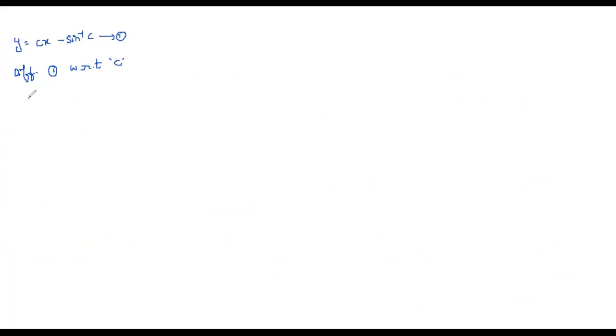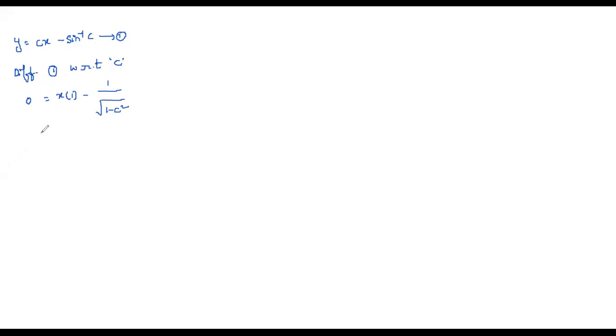So 0 is equal to x into the derivative of c, which is 1, minus the derivative of sine inverse c, which is 1 by square root of 1 minus c square, times the derivative of c, which is 1.